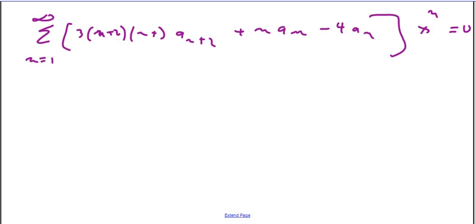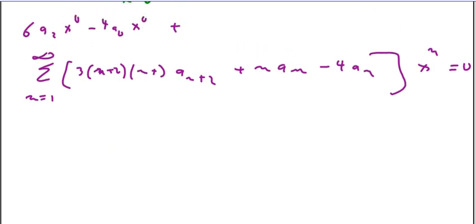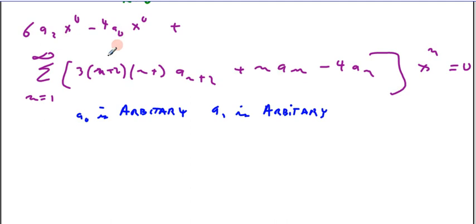Okay. From the x to the 0 term, first of all, I have a0 is arbitrary. I have a1 is arbitrary. I don't have initial conditions yet. And from the x to the 1 term, I have that a2 is equal to 2 over 3 a1.